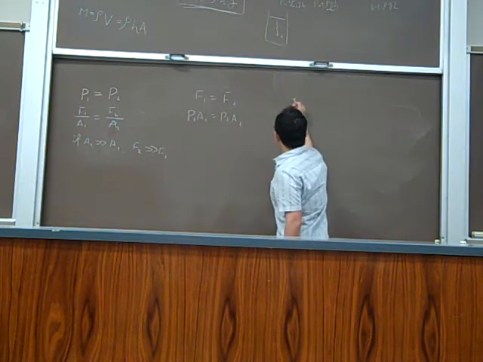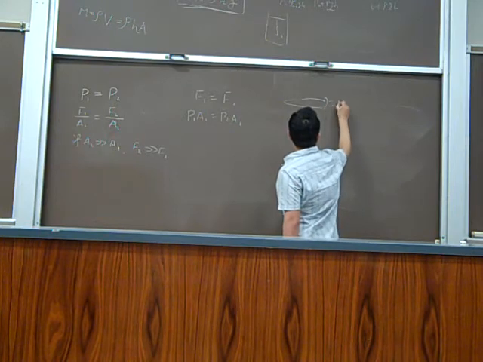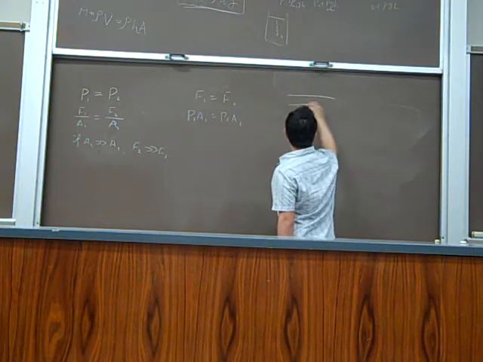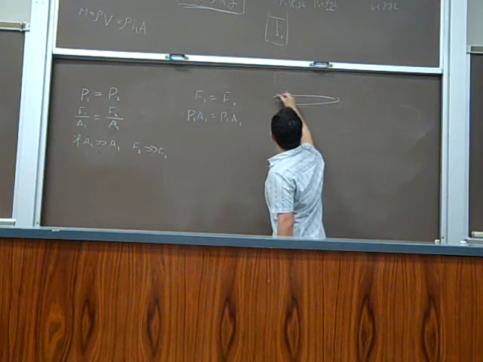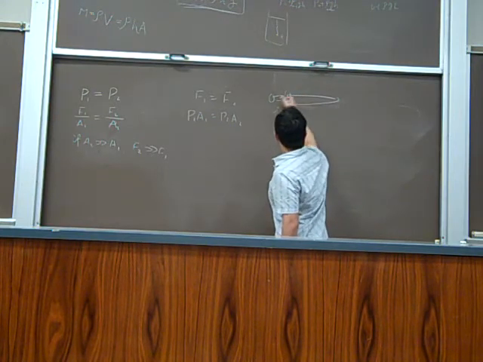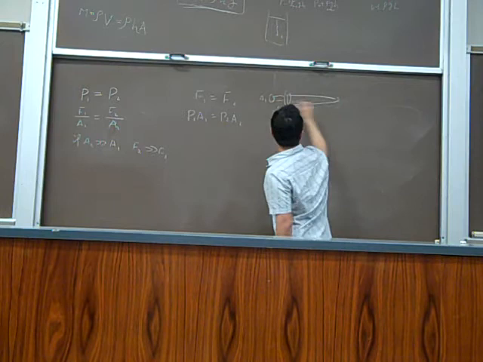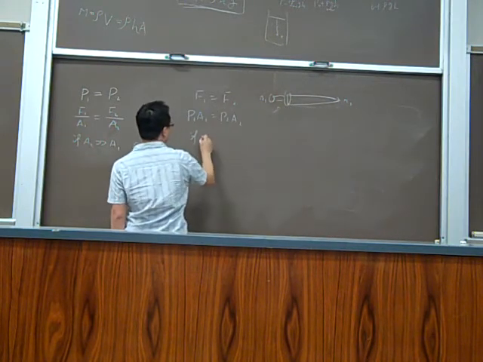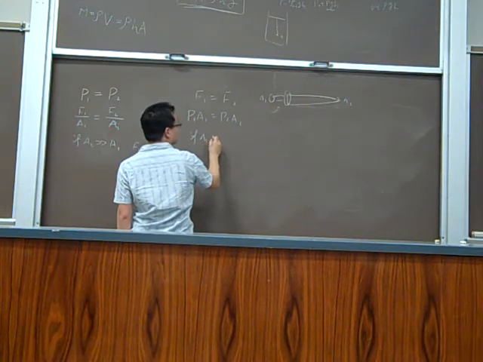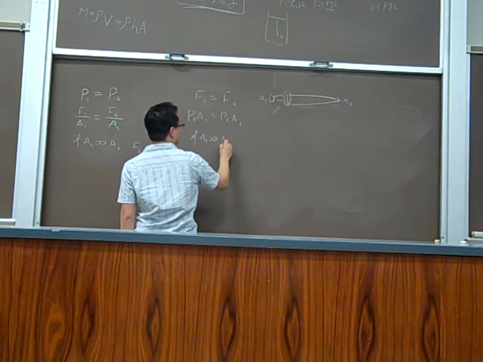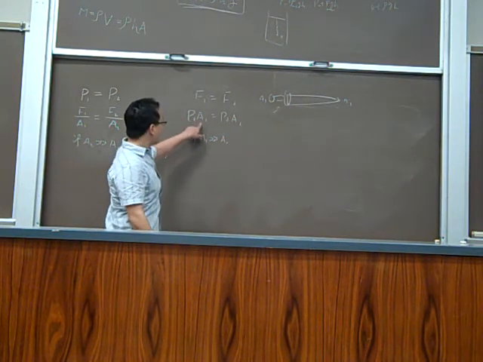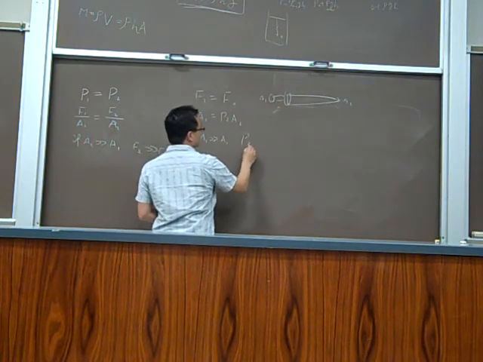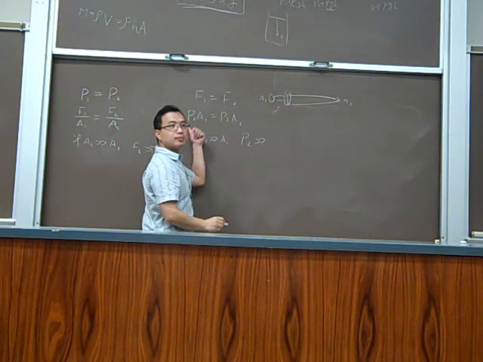If the cross-sectional area here is A1 and this is A2, and A1 is much greater than A2, then to satisfy this equation, P2 has to be much greater than P1.